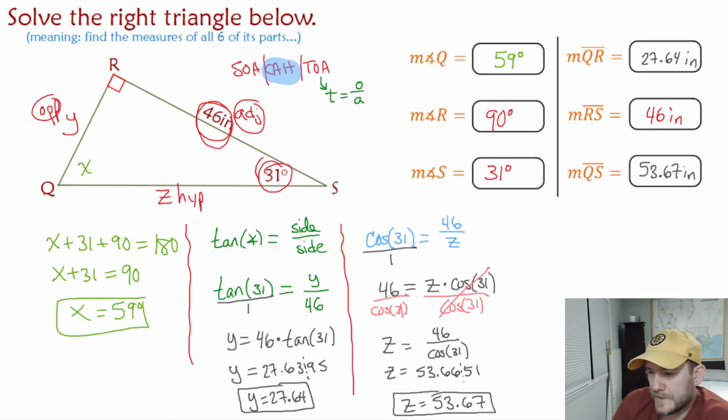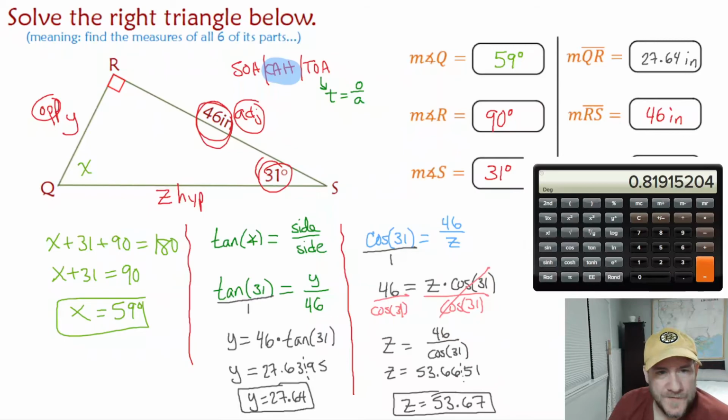So now, I wanted to show you guys another calculator. If this is the kind of calculator you've got, then you have to press the buttons a little differently. First of all, how do I even clear? You got to clear. But you guys can see that we wanted to do 46 divided by cosine 31.